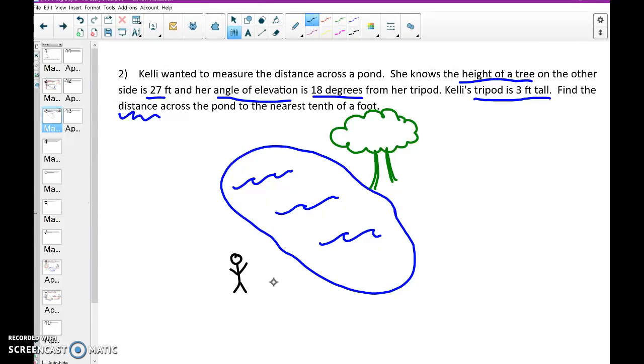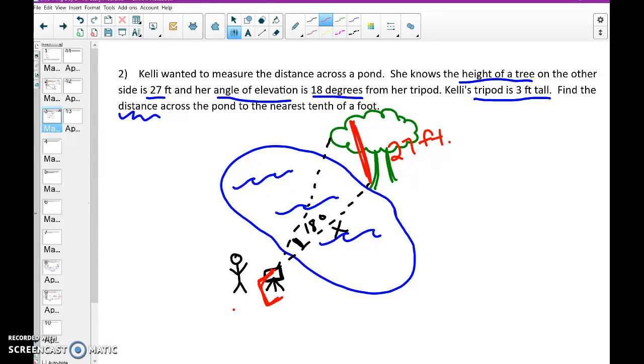Okay, so here she is. Here's her tripod. It's looking across the water. There's a little device on the top that tells her this is 18 degrees. She's looking for X. Now the issue here is that the tree is 27 feet tall, but her tripod is 3 feet tall.